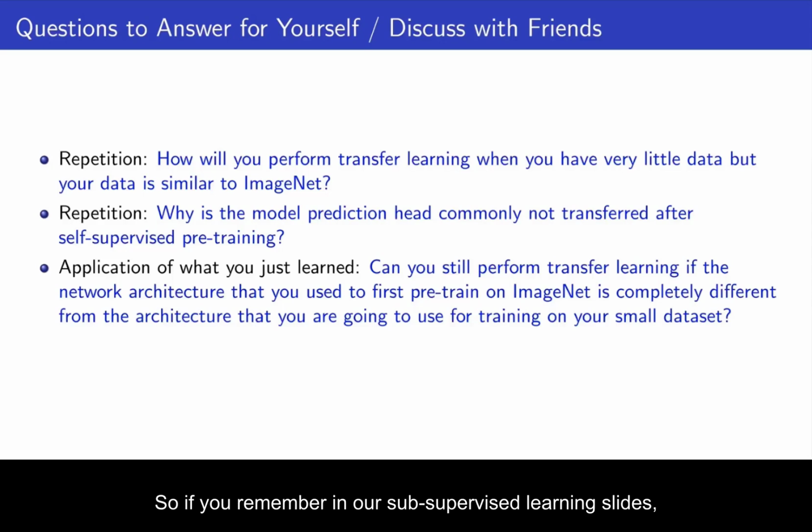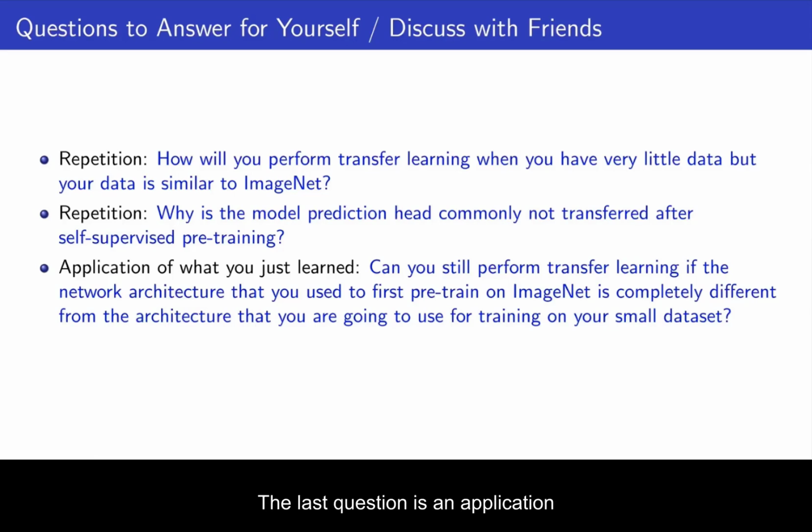If you remember in our self-supervised learning slides, we saw that only the initial part of the network that we denoted in gray is then transferred for fine-tuning on the target task, and typically the layers that are towards the end are not transferred. So here the question is, why is it that the layers towards the end, which is the model prediction head, are not transferred for self-supervised pre-training?